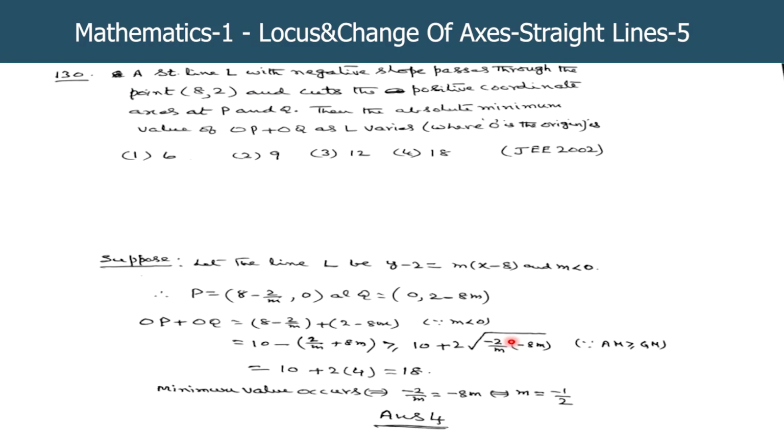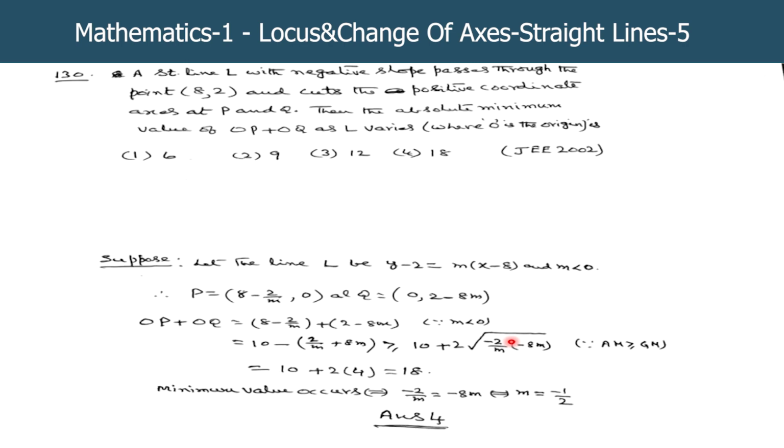So for OP plus OQ, because minus 2 by m and minus 8m are positive numbers, you can apply the AM-GM inequality. So if you apply the AM-GM inequality, then OP plus OQ is greater than or equal to 18.